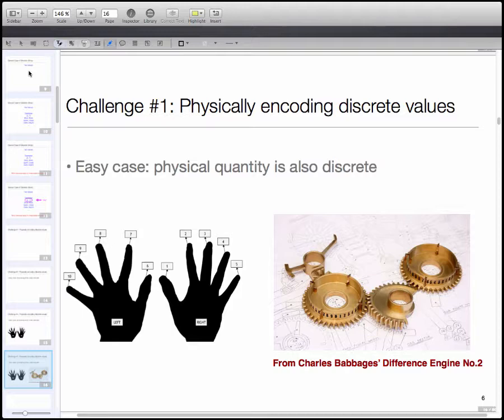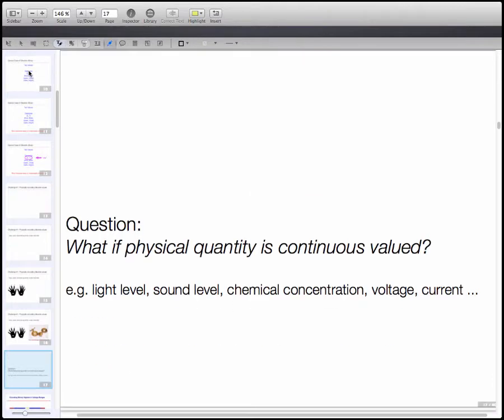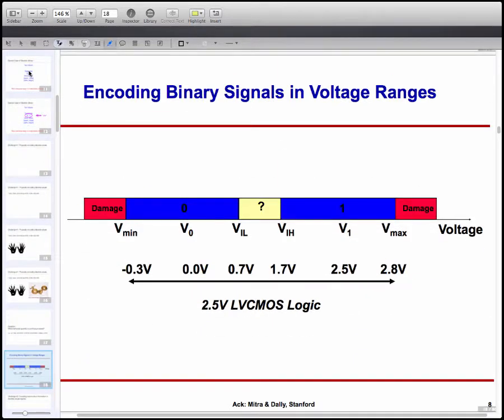We can take a phenomenon which is inherently discrete and just label it accordingly. So that's easy. What if the physical quantity is continuous valued? Light level, sound level, chemical concentration, a bunch of things that we were discussing a short while ago. What we do, much like I was answering in response to this question, is designate some ranges to be 0, some range to be 1, and something else to be out of bounds.